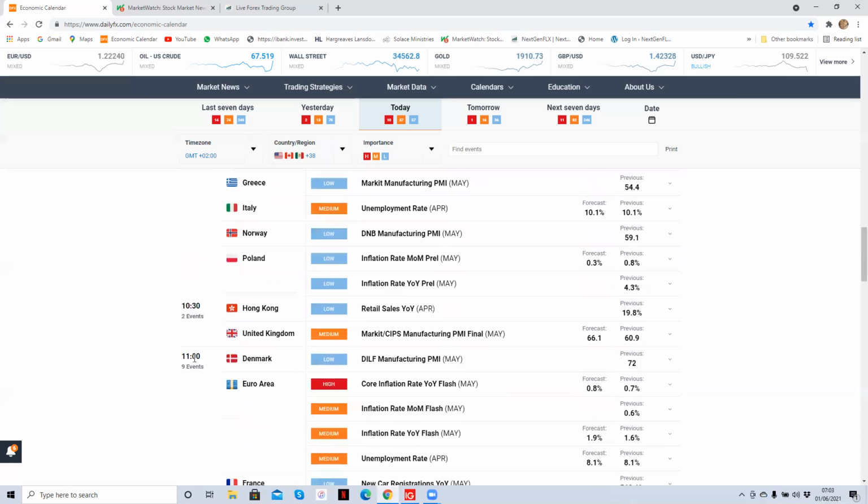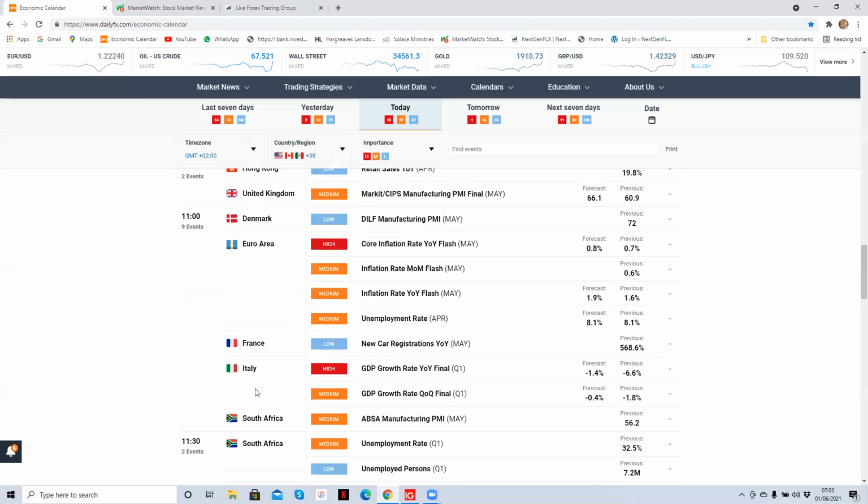And then at 11 o'clock this morning, again, this is all GMT plus 2 times, we have the core inflation rate due out of the euro area. Again, inflation rate, unemployment rate, interest rates, GDP, those 4 reports are always of high importance.